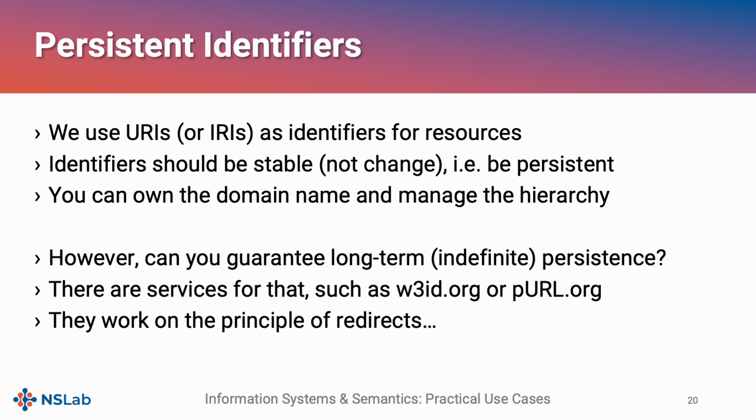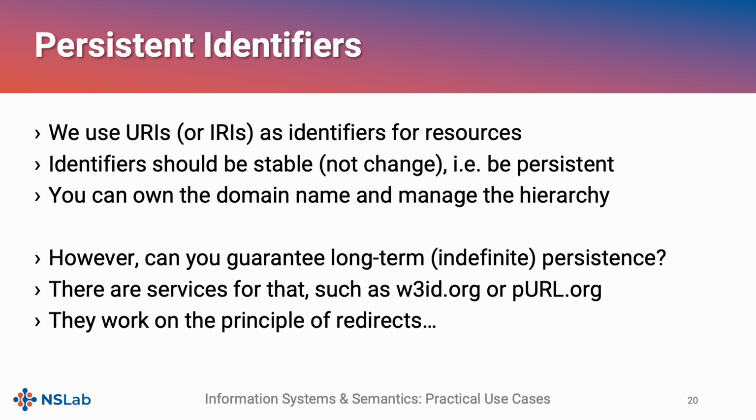You can of course buy a domain name and have some directory structure there, manage the hierarchy and assign things, but you should not change that over time. So there is an issue of whether you can actually guarantee such long-term, in theory indefinite, persistence of URLs. Usually you cannot. You may need to change something and potentially mark the old one as legacy and somehow get rid of the old identifier.